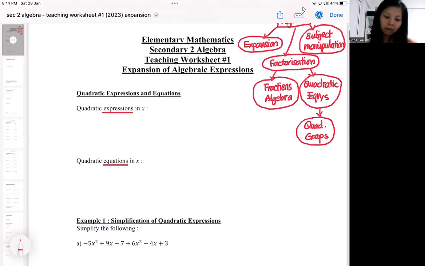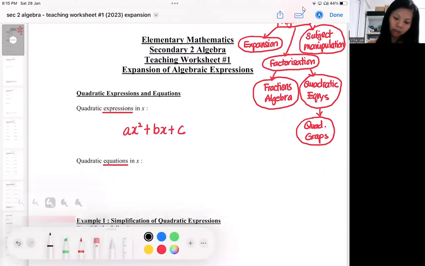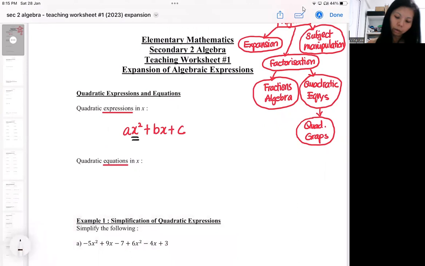I think we need to discuss a bit what is the difference between an expression and an equation. Quadratic will look like this, where A, B, C are just numbers. This is an expression. It comprises x squared, x, and then a constant.